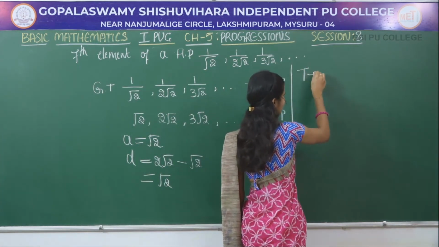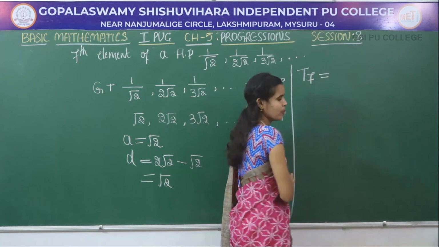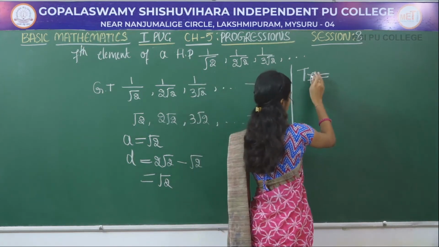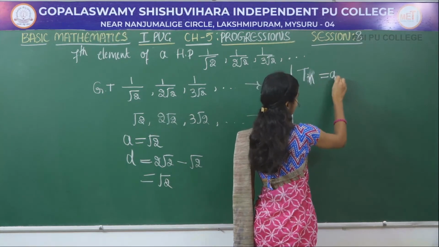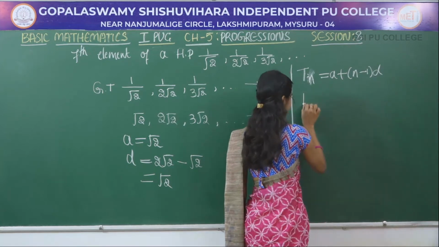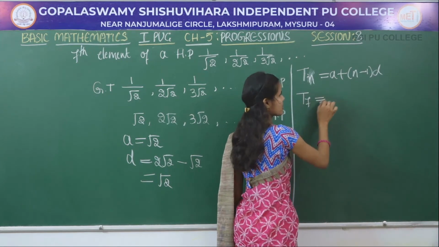Therefore we want T7. You know the formula to find the nth term in AP is Tn equals A plus n minus 1 into D. We want T7, therefore n is equal to 7.